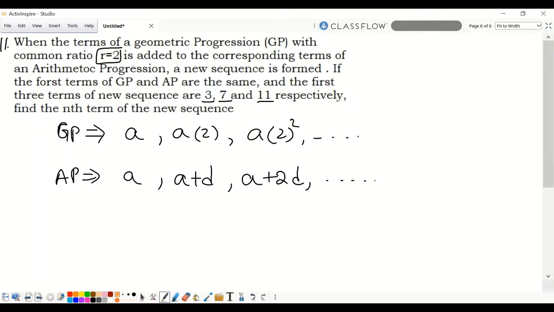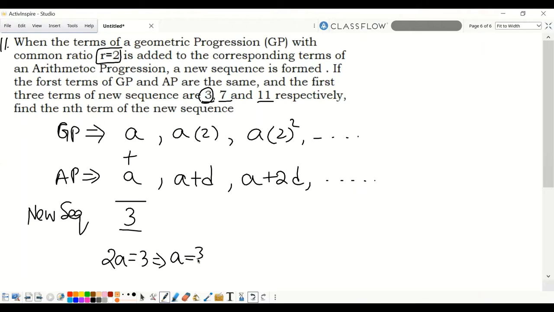Now, if we add the first terms, we should get 3. That's what they're saying: the first term of the new sequence is 3. So that clearly gives us 2a equal to 3, and a, the first term, is 3 over 2.